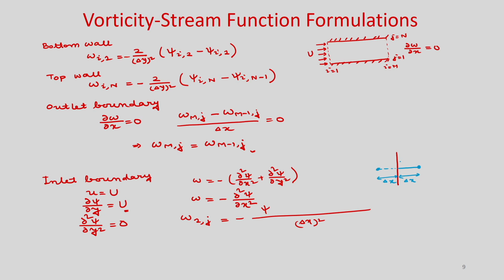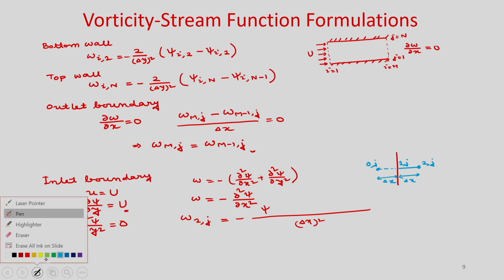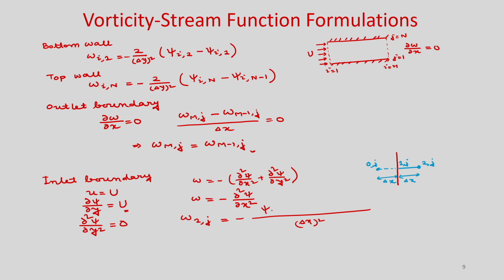So, this is your 1 j, this is your 2 j and this is your 0 j. So, you can write psi 2 j minus twice psi 1 j plus psi 0 j. Now, psi 0 j we do not know.